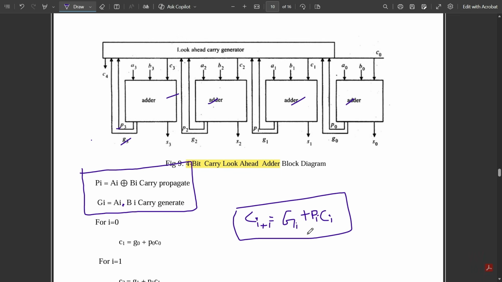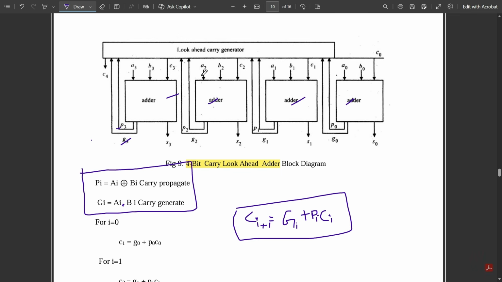With respect to that you would be getting C1, and A1, B1 would be the new inputs. Those are already given, A1, B1, and with respect to these three inputs the sum would be generated as S1. Next we are having again the next stage generator and propagator values, that you put in this equation, so that you would be getting C2.